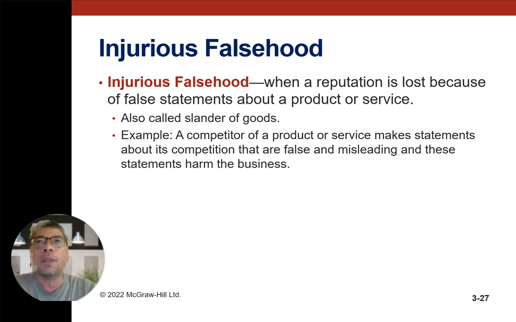For example, if somebody is selling halal food, which means there's no pork, no pig elements, and then somebody creates a falsehood, slandering the goods as being made from pig or non-halal stuff, that is already injurious falsehood. It's called slander of goods. Okay.